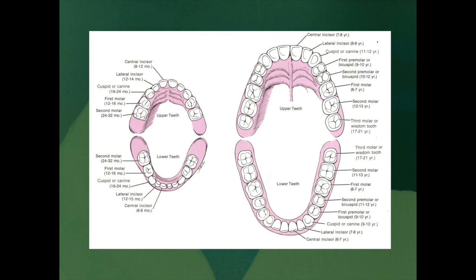And then in the lower, the root system will be 2. And again, in that third molar, sometimes those 2 will have a 50% or higher fusion expression due to the crowding that occurs with that third tooth.